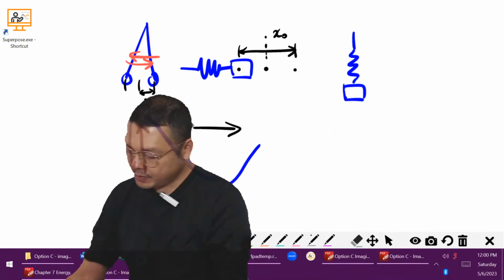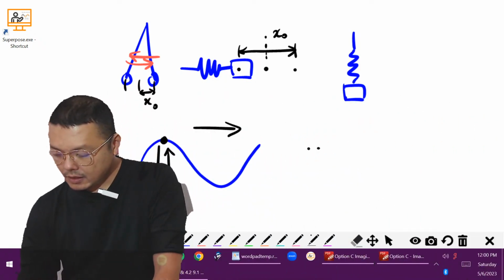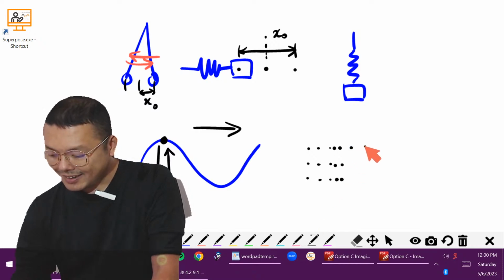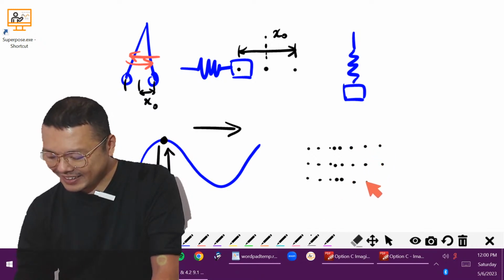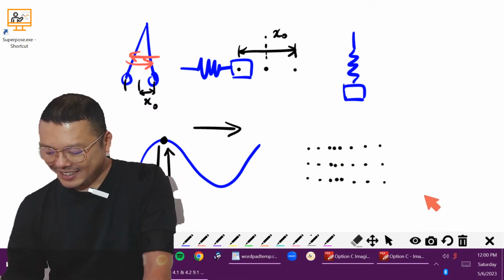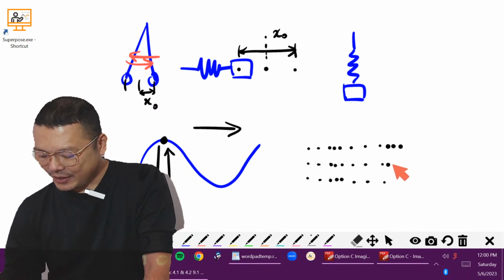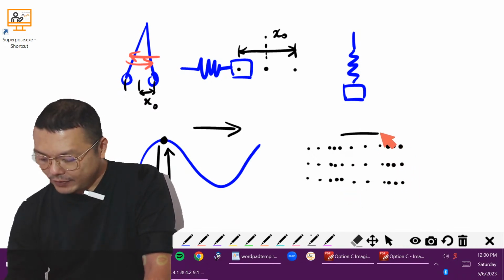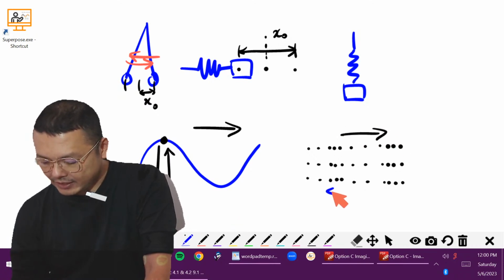What does the sound wave do? The sound wave oscillates left and right, forming a series of what? Rarefactions and compressions. You remember all this. So while your wave travels this way, your particles are actually oscillating back and forth.